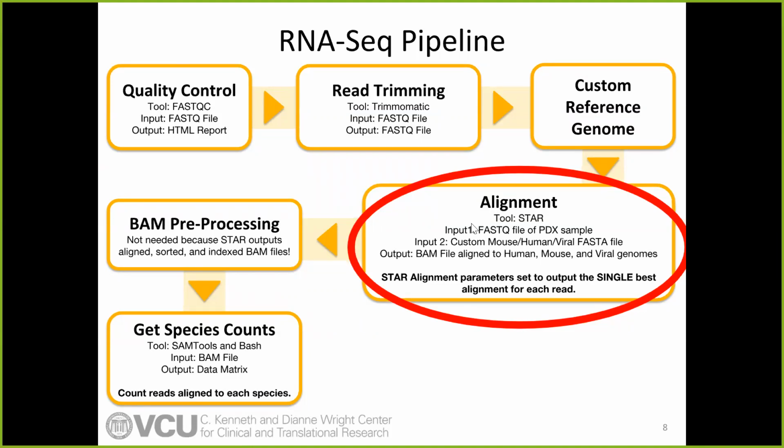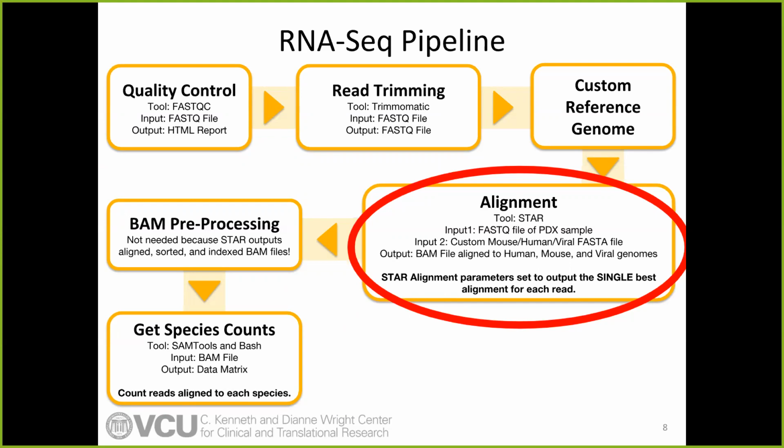So the input to the alignment was the FASTQ file of a PDX sample, and then the custom human mouse viral FASTA reference genome. And the output was a BAM file that's aligned to human, mouse, and viral, and it does it all simultaneously. So the one important thing that I had to do with STAR and the parameters: STAR automatically will take one read and find multiple alignments and report multiple alignments.